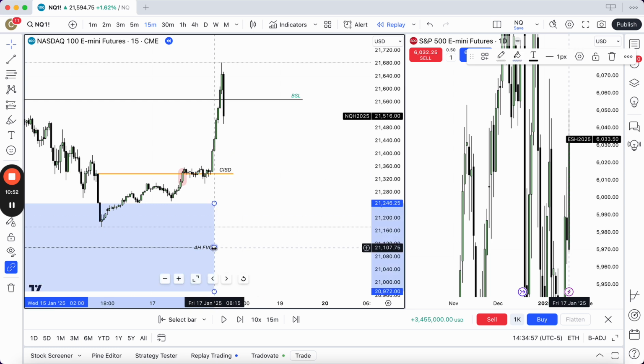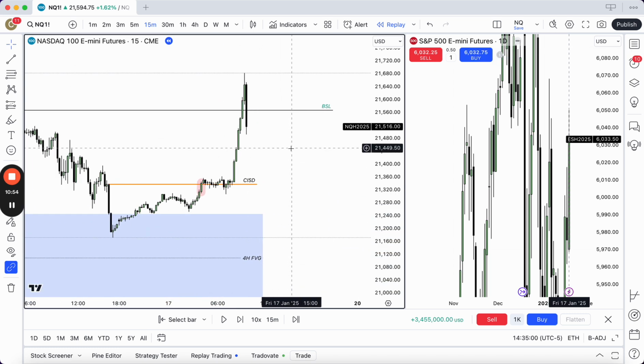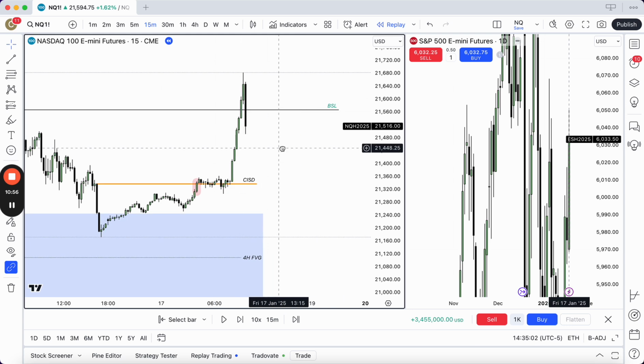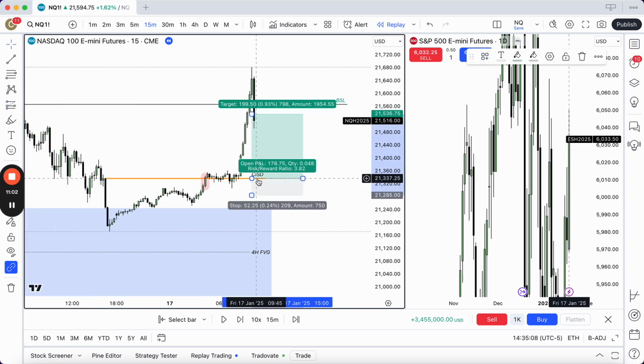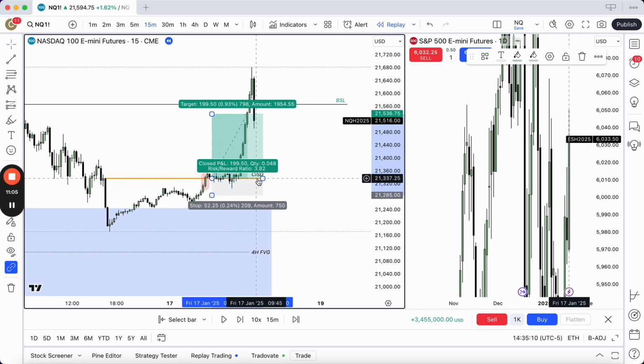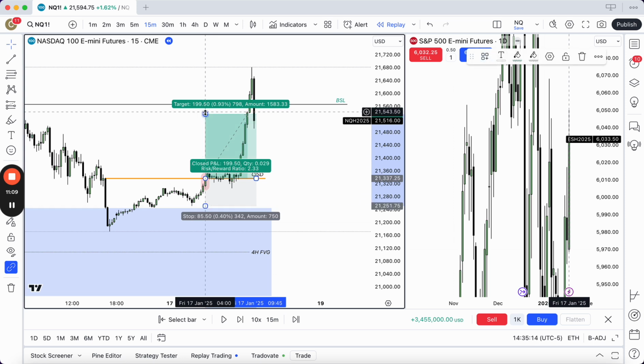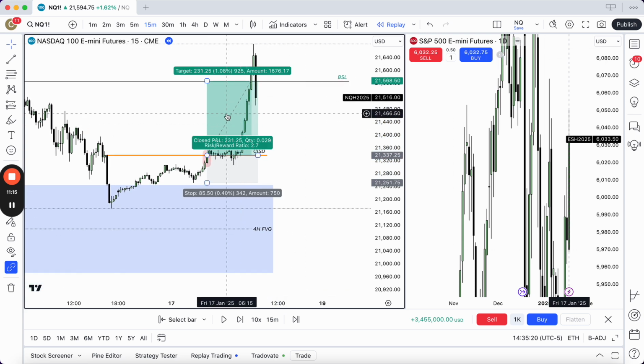You see how this setup makes sense. Okay? It makes sense, and I bet this was a 2R trade. I bet it just was. Let's see. Where did we enter? We entered on this candle right here. Stop would go at these lows. Take profit would be at this high. Yeah, just 2.7R trade. Right?